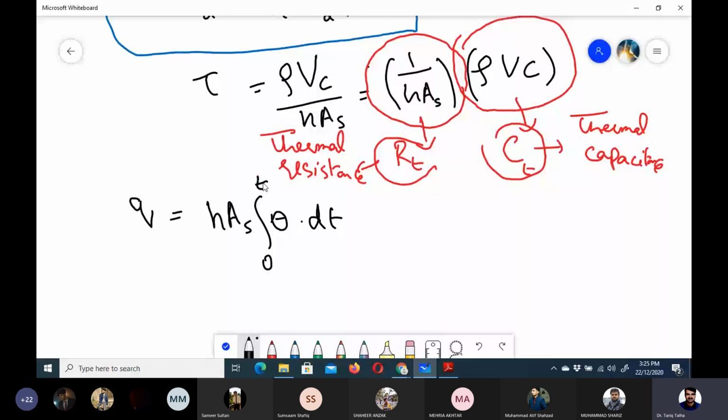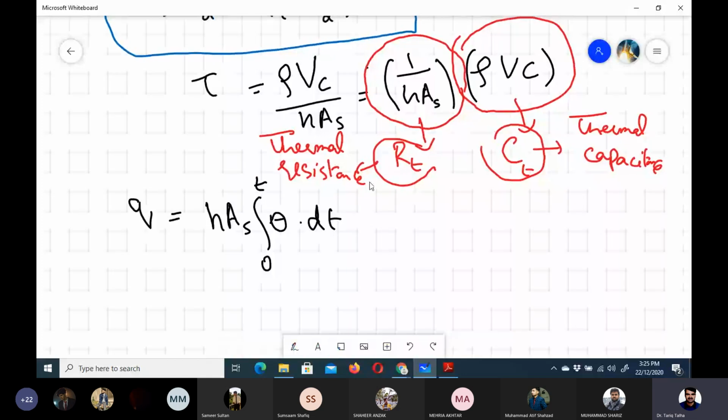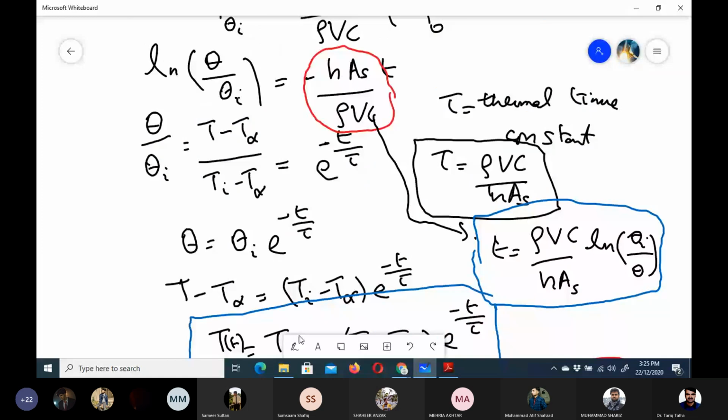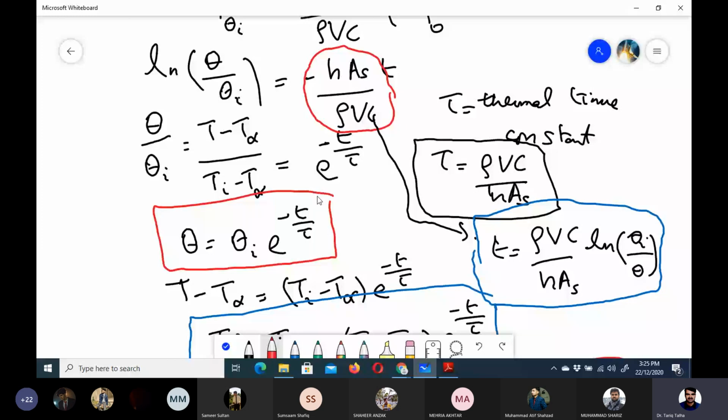Now what is theta? Theta can be written in terms of theta I from this relation. Let me show you the relation. This one. Theta is equal to theta I exponent minus t upon tau.